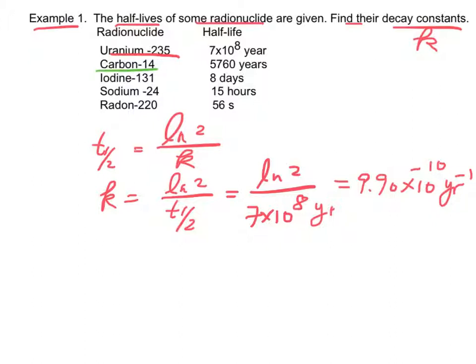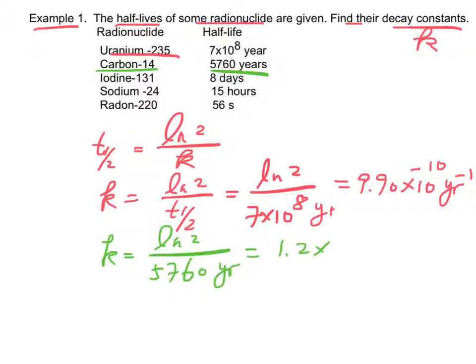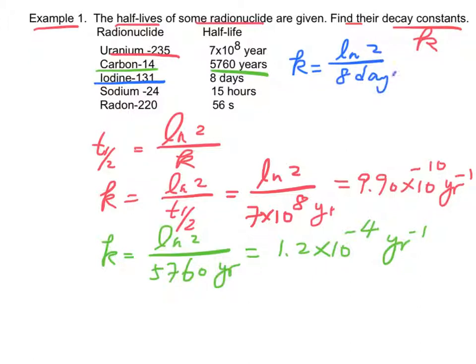For carbon-14, k equals log 2 over 5760 years, equal to 1.2 times 10 to the power negative 4 per year. For iodine-131, k equals log 2 over 8 days, which is equal to 8.66 times 10 to the power negative 2 per day.